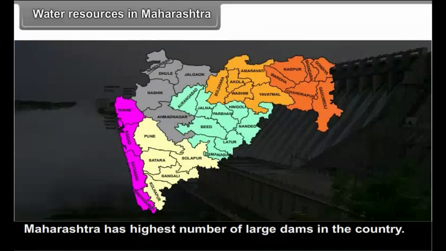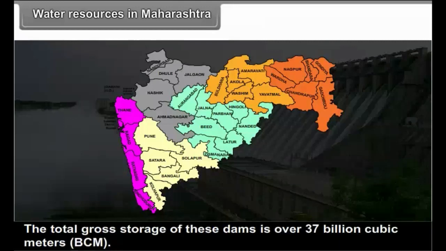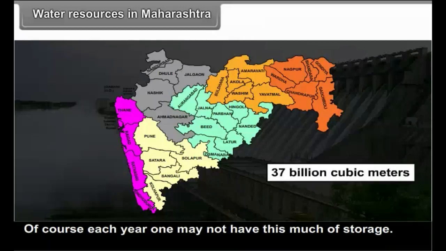Maharashtra has the highest number of large dams in the country. There are more than 1,800 major dams in Maharashtra. The total gross storage of these dams is over 37 billion cubic meters. Of course, each year one may not have this much storage.